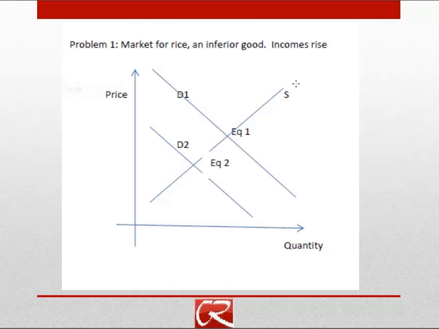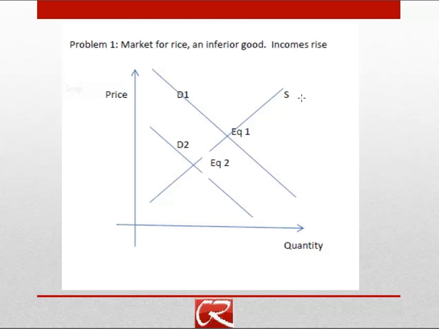So as incomes rise, that means consumers want to buy less at every price. So instead of curve D1, we're now at curve D2, which is to the left of D1, and our new equilibrium is here at the intersection of the original supply curve and the new demand curve.